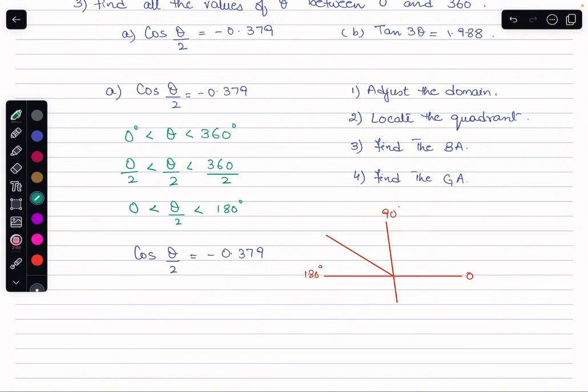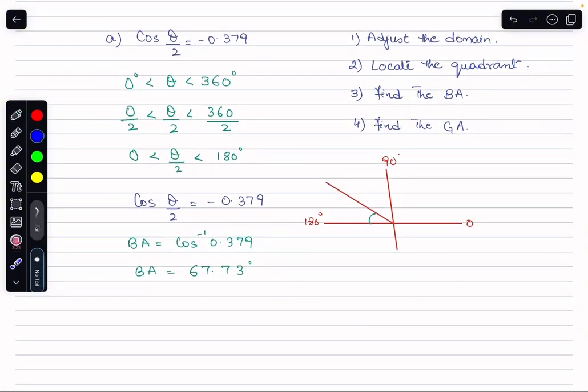Now I need to get the basic angle here. So to get the basic angle, I should say it's my basic angle, which is equals to cos inverse 0.379, and this basic angle comes out to be 67.73 degrees. And then I need to have the general angle.